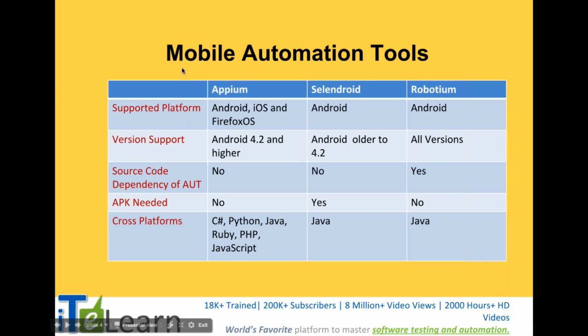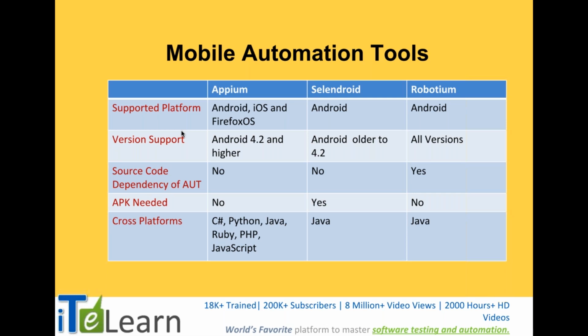If you see the supported platforms, Appium, Selendroid, and Robotium are the three open source tools. Robotium and Selendroid were far older tools, I would say. When they started developing the framework, iOS was not in their scope of work, so they only supported testing mobile apps on these platforms.